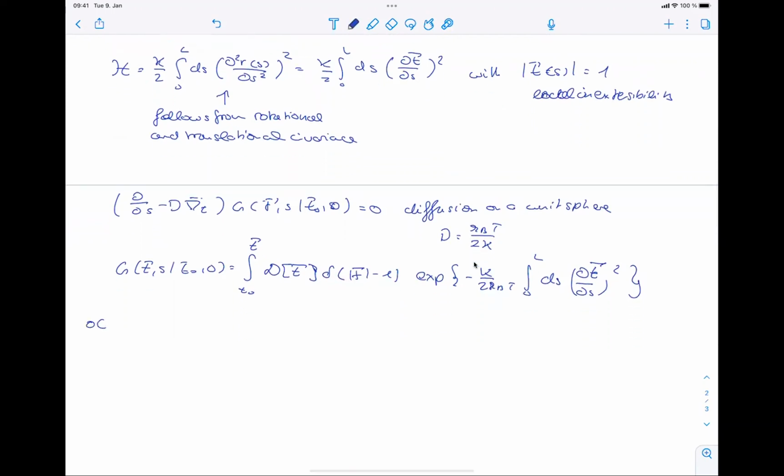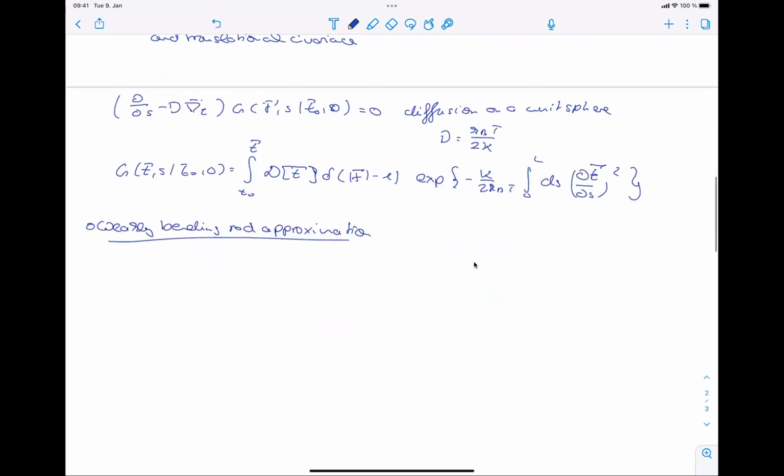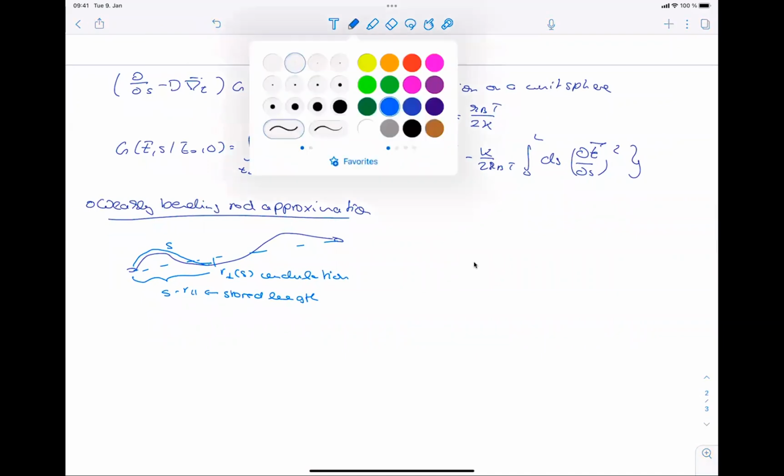And the way out was to look into the weakly bending rod approximation, where we consider that if I actually trace out my semi-flexible polymer, then to good approximation, it's extended anyway, so I can, at a specific point along the contour s, distinguish the undulations relative to the rigid rod, and the stored length in the undulations.